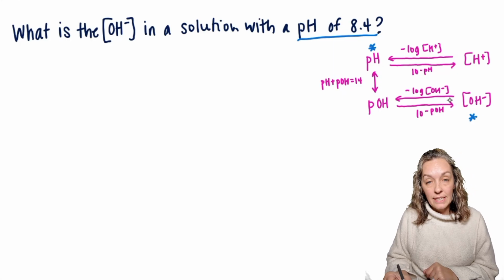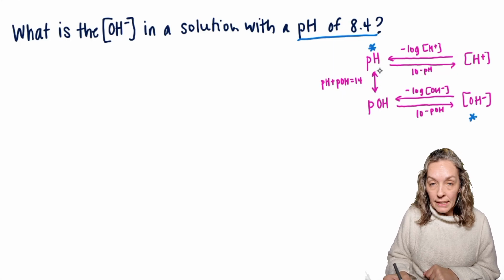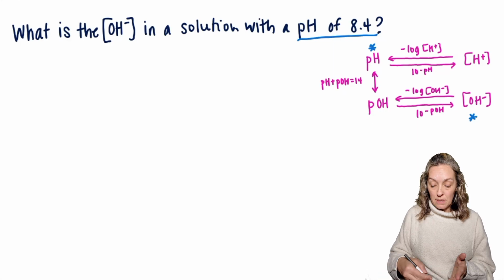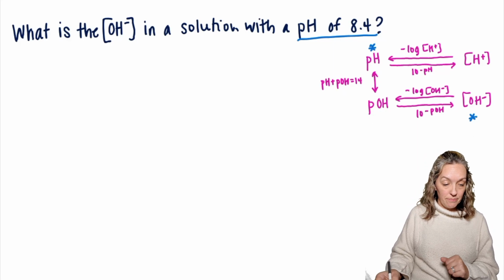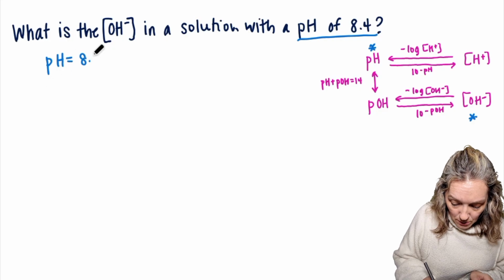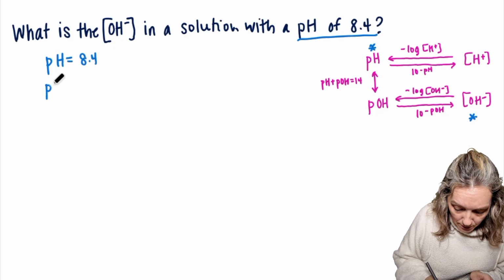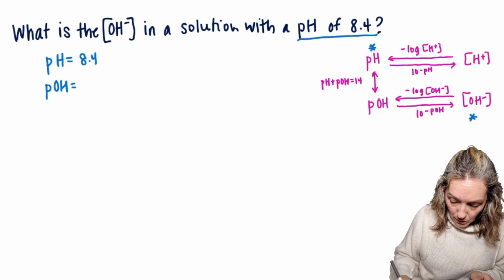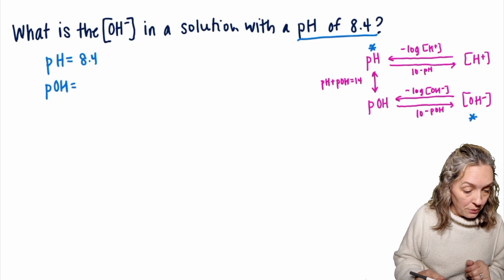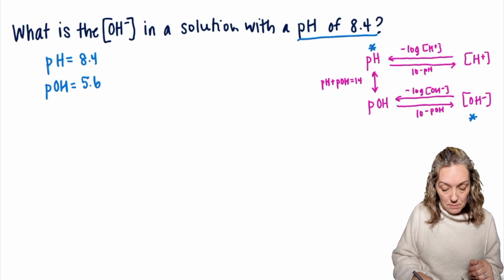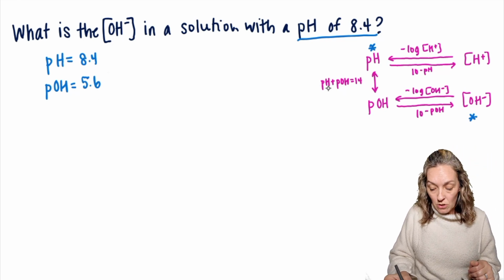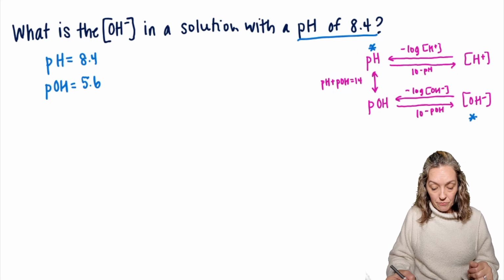So there's no direct connection between the two, but I can use my relationship between pH and pOH in order to figure out my OH minus concentration. I know that the pH is equal to 8.4. And if the pH is equal to 8.4, then I know that my pOH must be equal to 5.6 because my pH and pOH must always add up to 14.